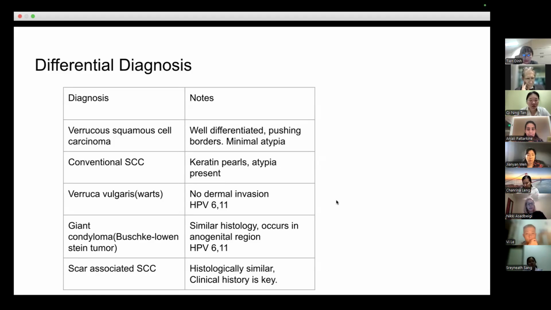There is one more thing that it could be sometimes, especially if the surface is ulcerated: keratoacanthoma. Keratoacanthoma, in the proliferative phase, could be a little similar in configuration, especially if, for example, the verrucous squamous cell carcinoma is ulcerated and we're not having that exophytic component very well.